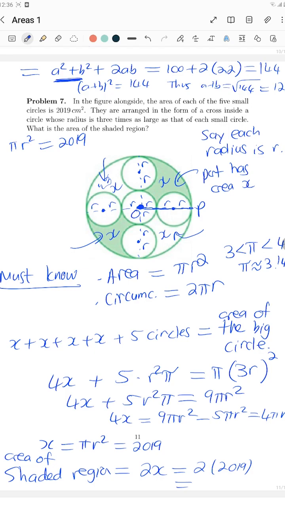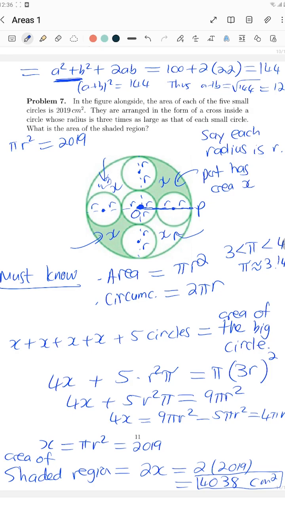Now we've got to double 2019. Double 20 is 40, double 19 is 38. So the answer is 4038, and we're given units, so centimeters squared. Boom, bang, we are done. We have solved this problem. And there you go, the area of the shaded region is 4038 square centimeters. And we are done.